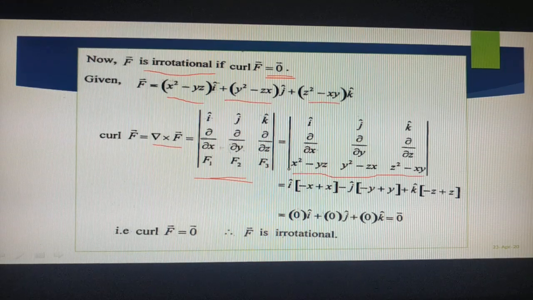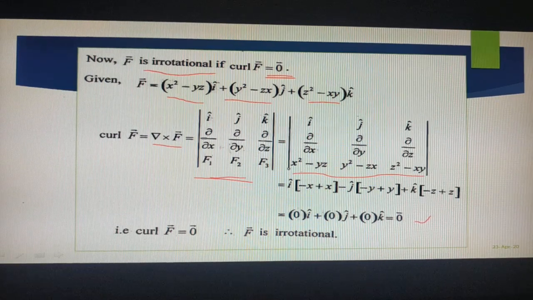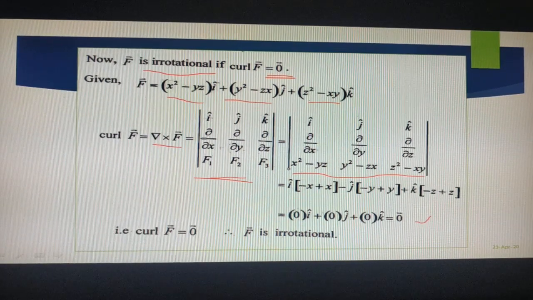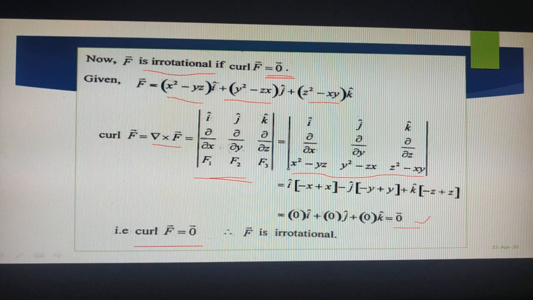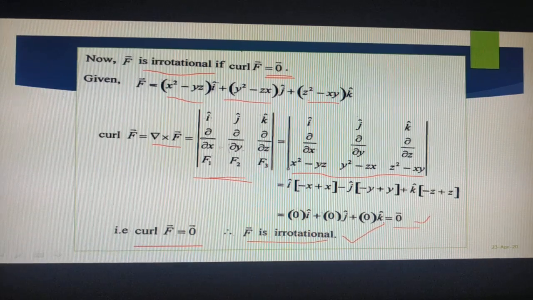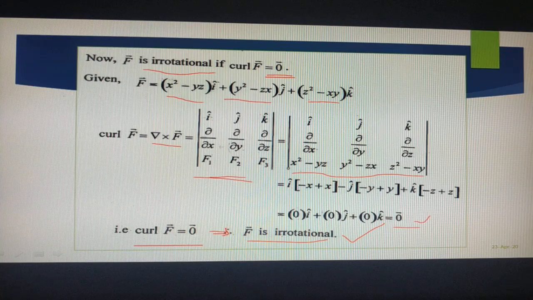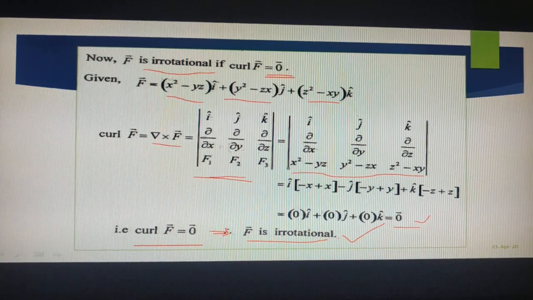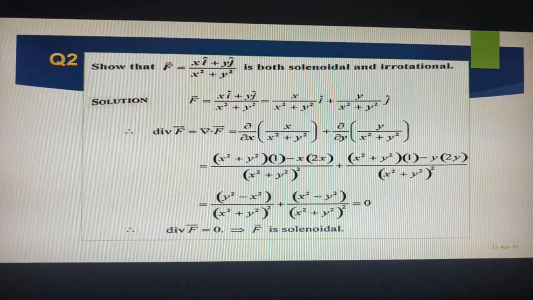So write them down here and find the determinant of this matrix. We got the 0 vector here. That is the reason curl F bar is equal to the 0 vector, therefore F bar is an irrotational vector field. When curl F is equal to 0 bar, we can call F bar an irrotational vector field. So let's see the second problem.